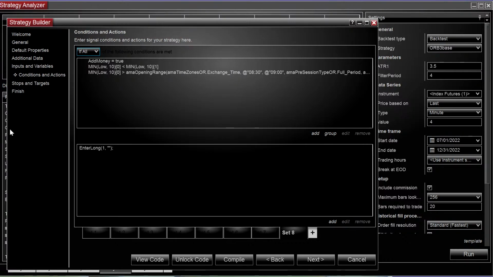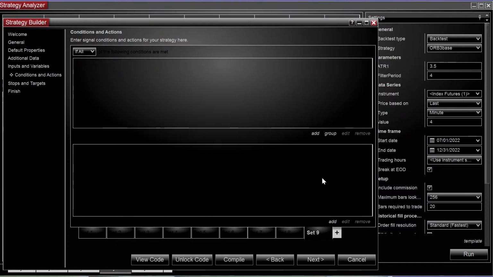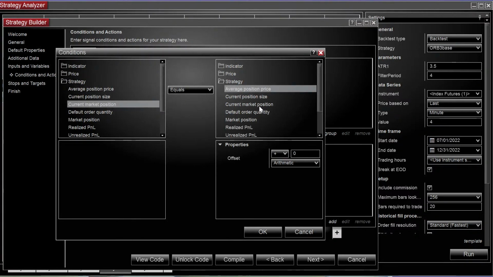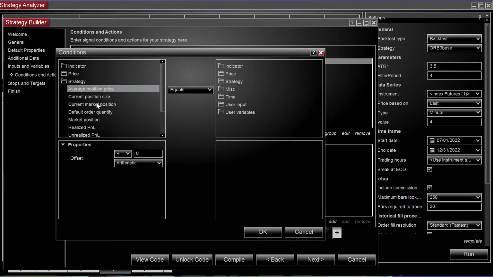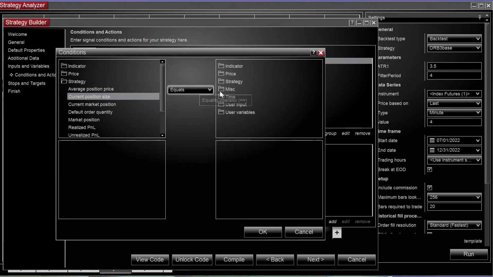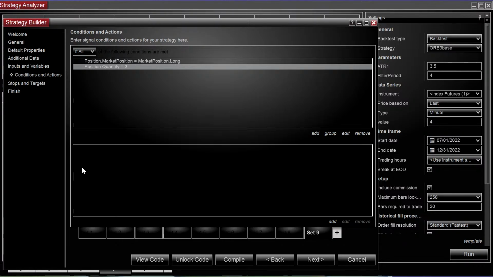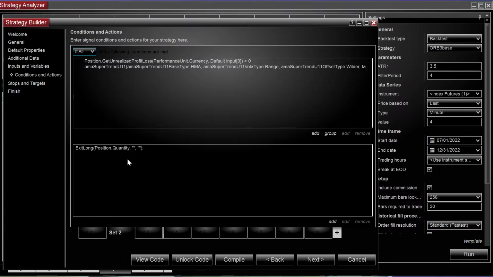So that gives us an easy condition to work with. Because now all we have to do is add a new condition and say, okay, current market position equals long, and our position quantity, current position size, equals 3. Now we gotta pull up the Laguerre. So where is the Laguerre? Let me just copy and paste.